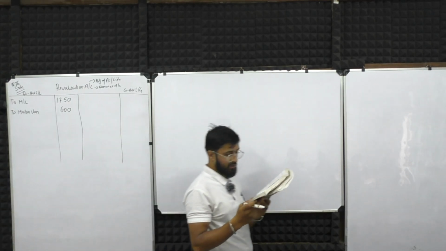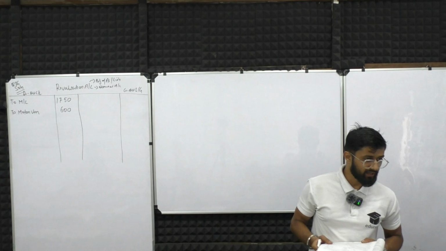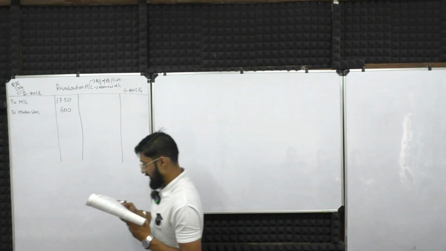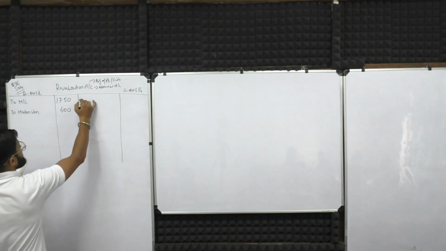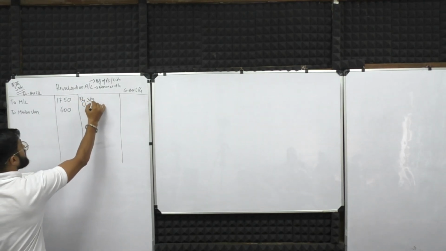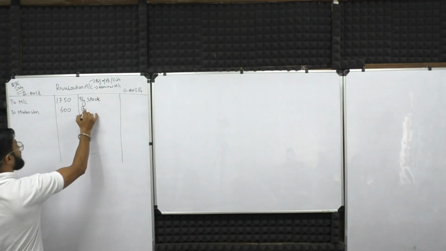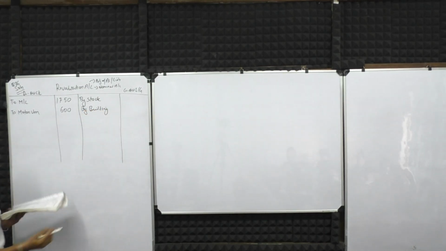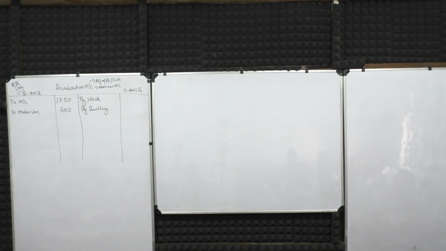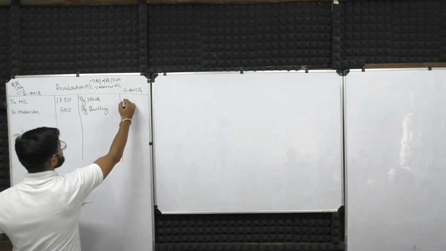Stock to be appreciated by 20%. Appreciation means an increase. An asset increase is a gain, and a gain is on the credit side. Stock, building, 2500 to 250.